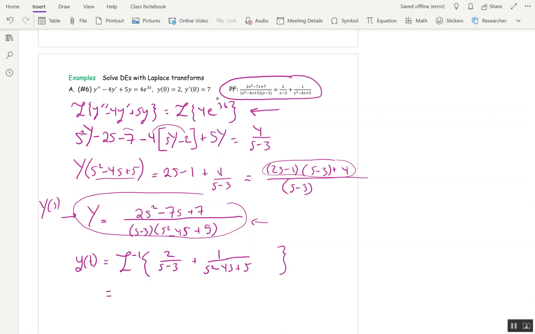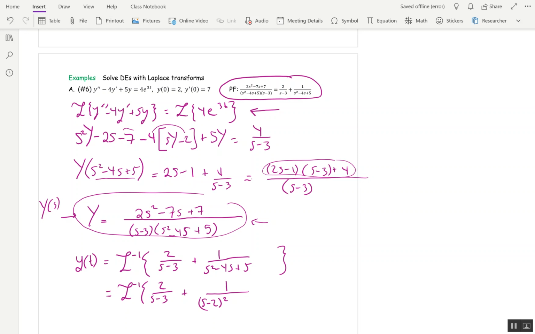Let's rewrite this first. This is L inverse. I have no problem with the 2 over s minus 3, but for that fraction with the quadratic in the denominator, I'm going to have to complete the square to find L inverse. So let's write that as s minus 2 quantity squared.